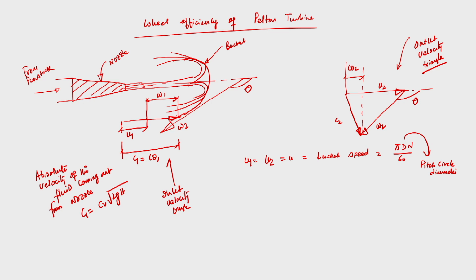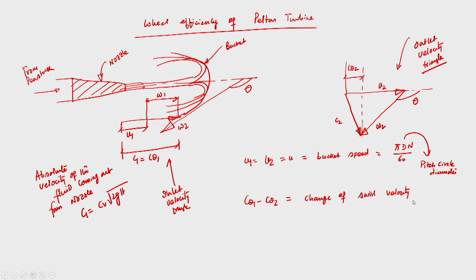C theta 1 minus C theta 2 is very important: that is the change in swirl velocity between the inlet and outlet of the bucket.